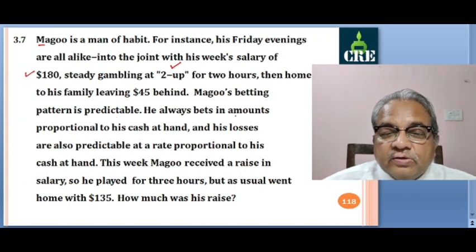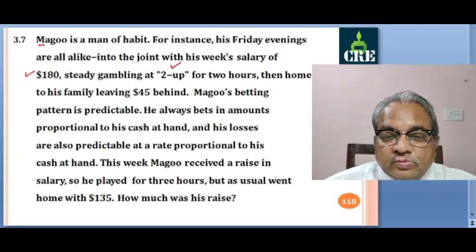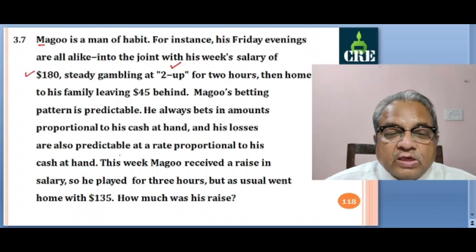His betting pattern is predictable. He always bets in amounts proportional to cash in his hand. So rate is equal to some constant k proportional to cash. Cash means, let us say, some concentration value equivalent to that. So it is directly proportional, k into C, and his losses are also predictable at a rate proportional to cash in hand. This week he received a raise in salary.